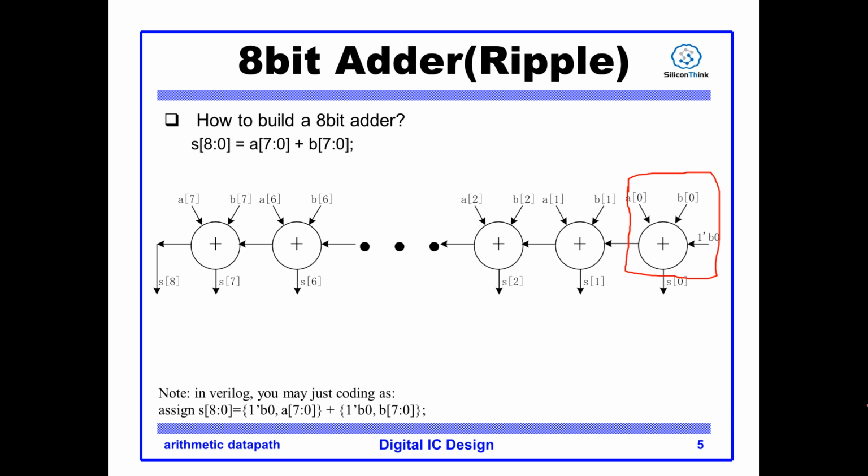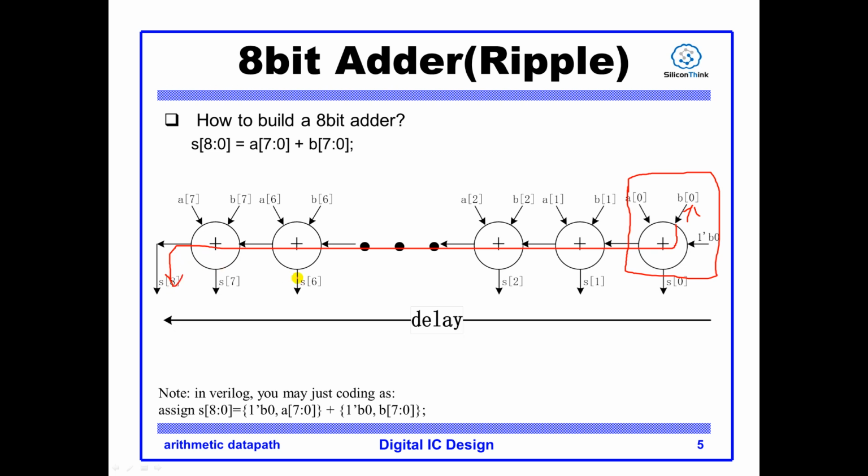So this is simple and obvious, but there is some problem for this circuit. This is the delay. You can see the signal of bit 0 needs to propagate from this point to this point. The maximum delay is usually 8 levels of 1-bit full adder.